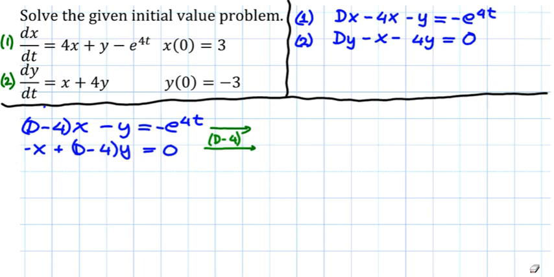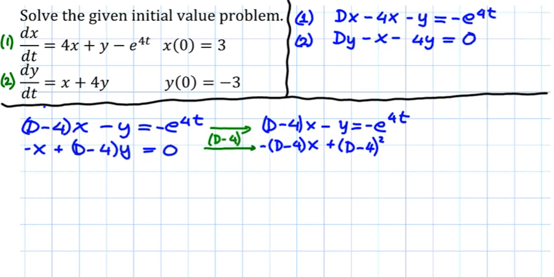The top equation will stay the same, and the bottom equation has d minus 4 x plus d minus 4 squared y equal to 0. Then we add side by side.